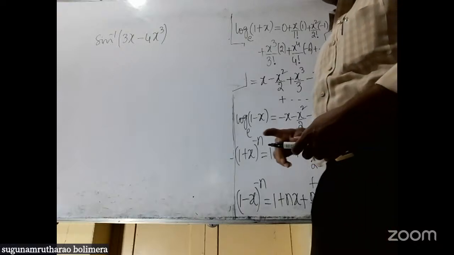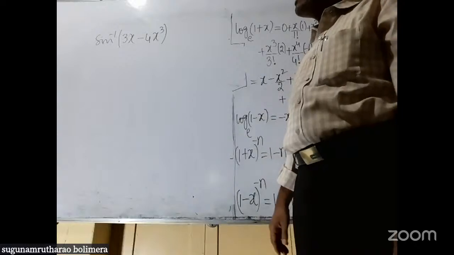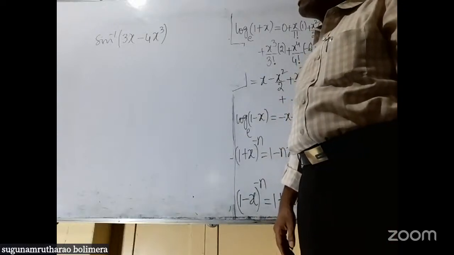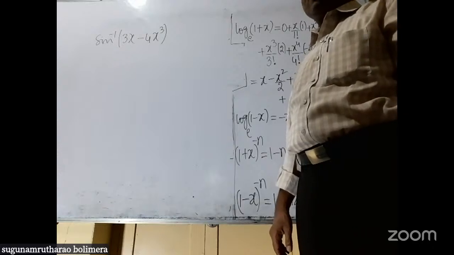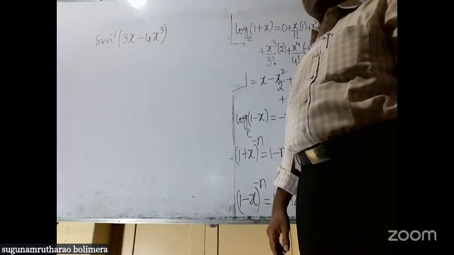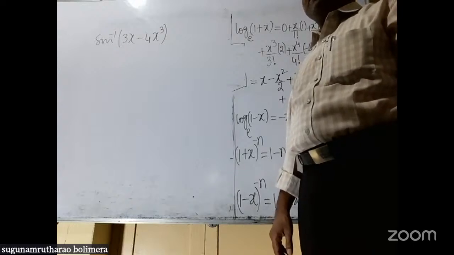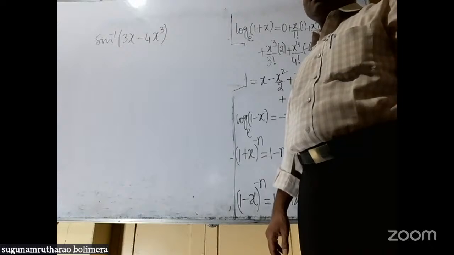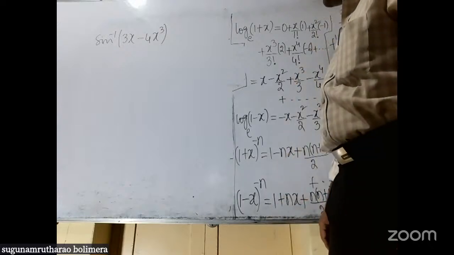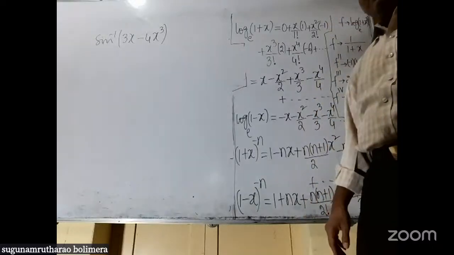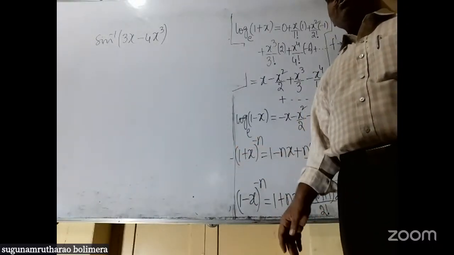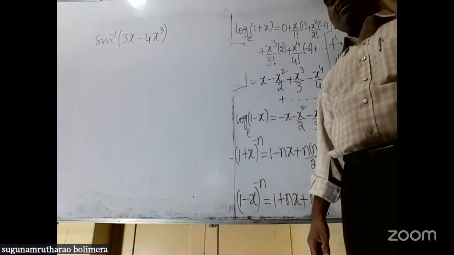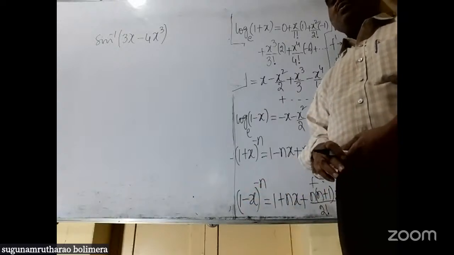Now, actually, sine inverse expansion is, sine inverse x equals to, already we have written, x plus 1 by 2 into x cubed by 3 plus 1 by 2 into 3 by 4 into x power 5 by 5 and so on.